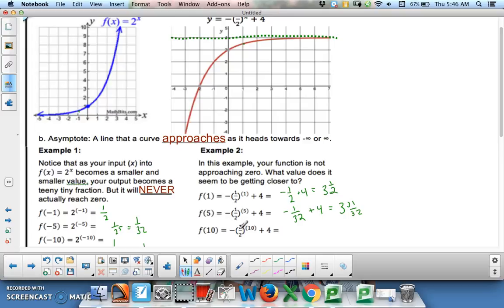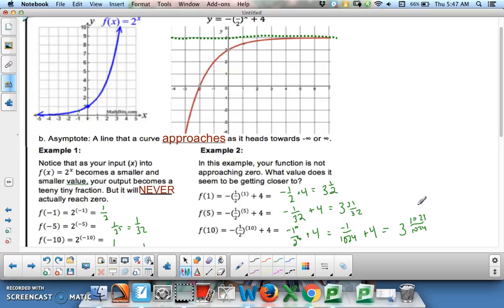When I go to this last one, -1/2 to the 10th, again, you're going to distribute this 10. This is going way back to Unit 1, thinking about those exponent rules. You're going to distribute that 10 to the -1, so it's -1 to the 10th over 2 to the 10th, which is, let's see, -1 over 2 to the 10th is -1 over 1024, plus 4 is going to give us 3 and 1023 over 1024.